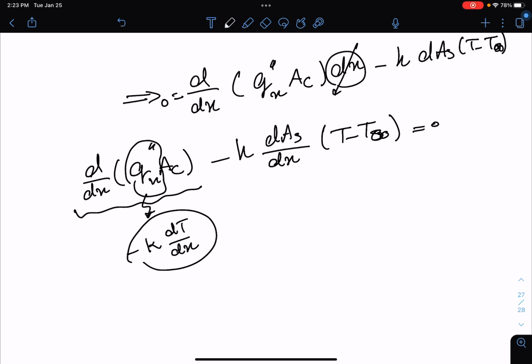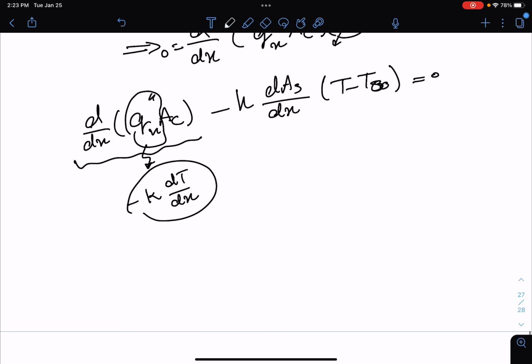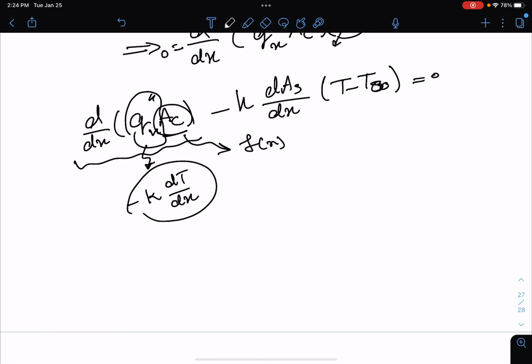Anyone? With dT/dx and then with Ac, because Ac is different. Ac is changing with x, right? It is a function of x, so we cannot just take this out of the derivative.